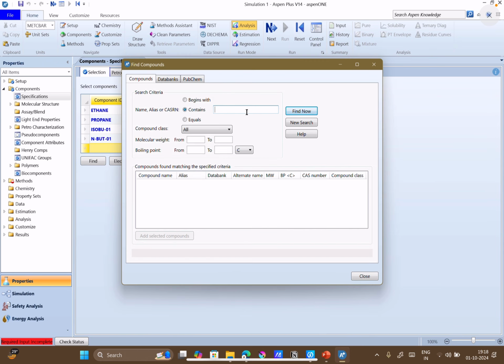If it will take too much time, then I will open the already pre-run simulation and we can go with that. Pentane, I'm writing it correctly. Okay.